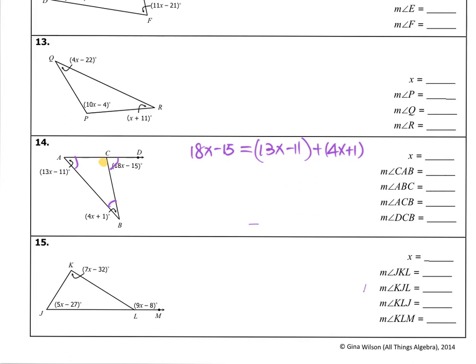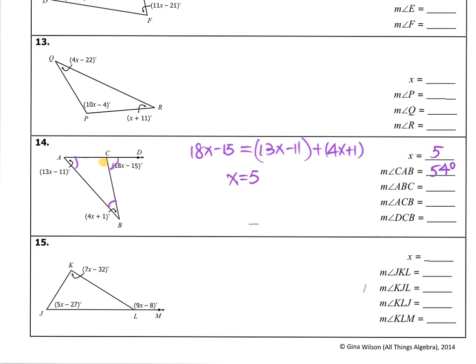So if you solve, your x should come out to be 5. That's right. And then you plug the x back into angle A, angle B, and all the others. So let's see, angle CAB is 13x minus 11, so 65 minus 11, that's 54 degrees.